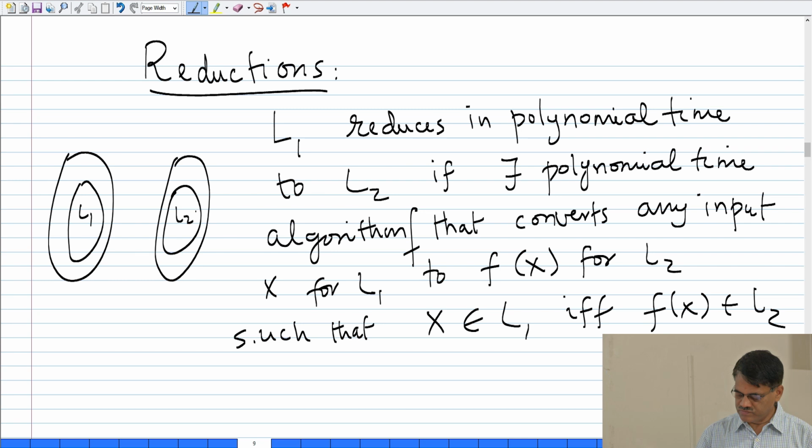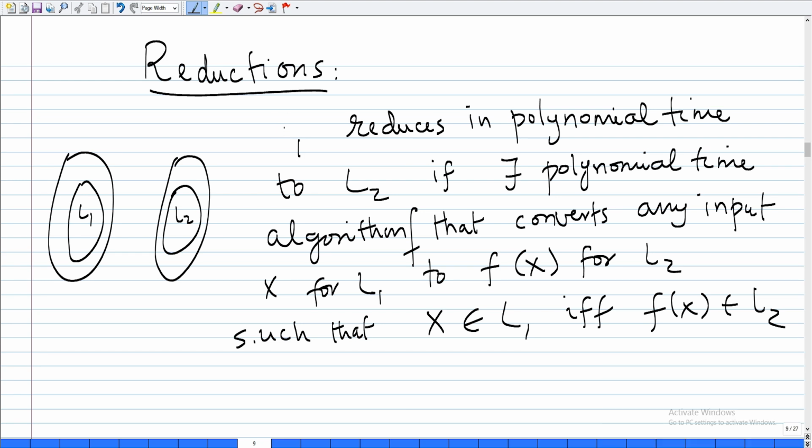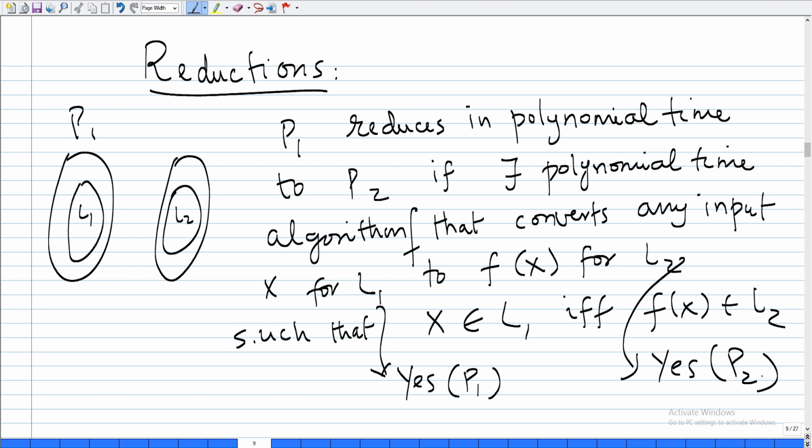Let us call it P1, and L1 is the set of yes instances of P1, and L2 is similarly defined. So, I have two problems P1 and P2. Think of this as vertex cover and independent set, or max edge disjoint paths and network flows. And we are talking about decision problems.